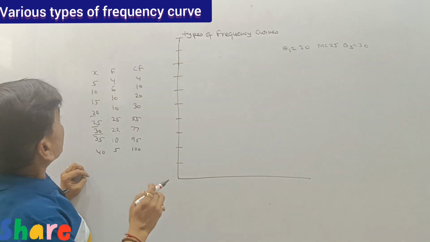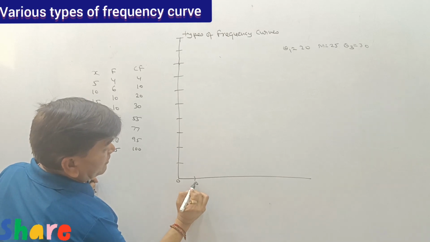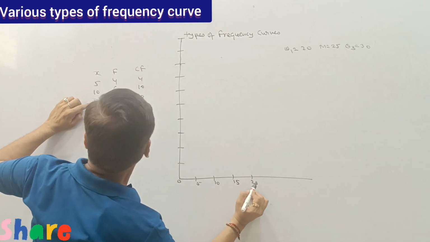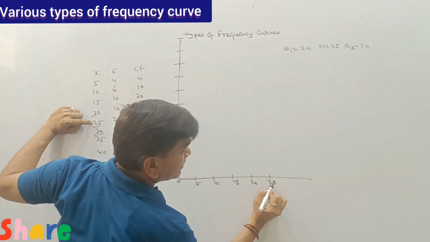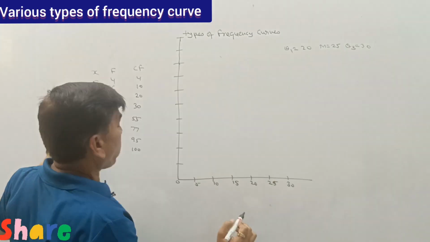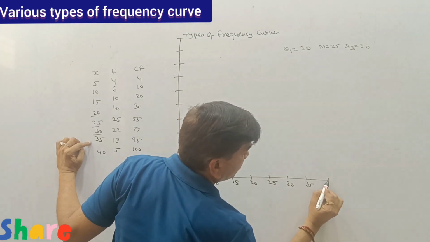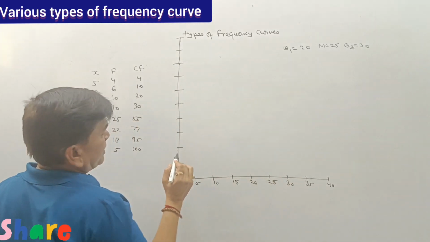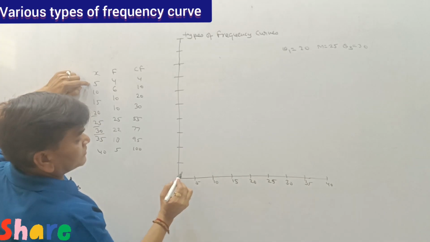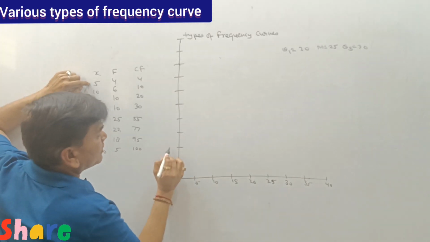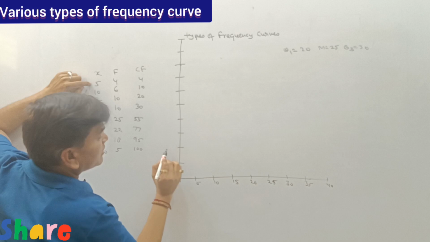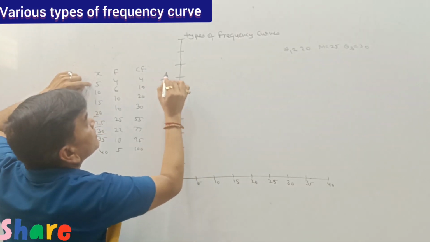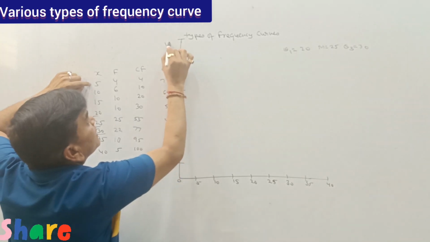Here the classes are 0 to 5, 10, 15, 20, 25, 30, 35, 40. So we will have the cumulative frequency curve on 5, that is 4, 5, 10, 20, 30, 40, 50, 60, 70, 80, 90 and 100.